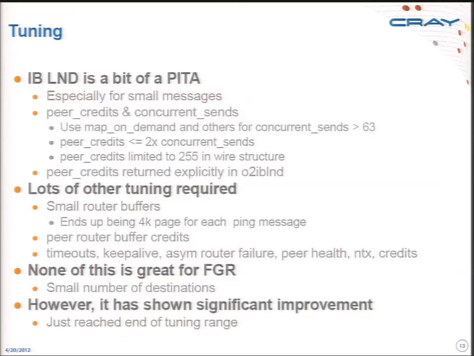And with current Lustre locking on the LNET code, there's a rough limitation of about 100,000 messages per second before you hit the single global lock limitations. So we have seen significant improvement by using peer credits. We can reduce that dead time from 10 plus seconds down to the 3 to 5 second range, but we've just run out of runway for tuning.